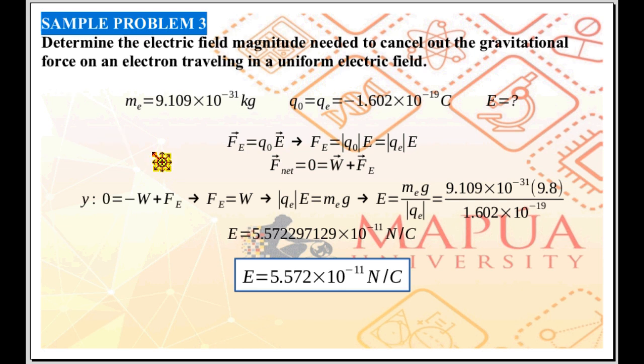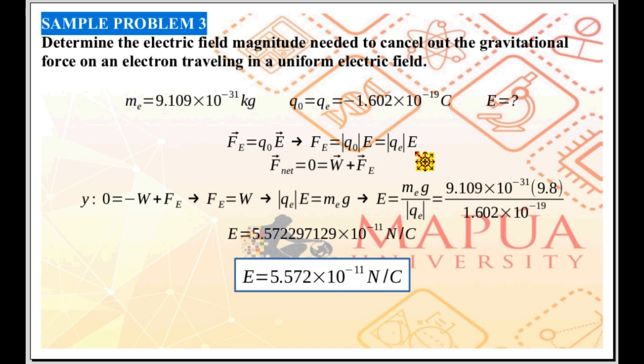The force applied by a uniform electric field is constant and it's equal to F is equal to |q naught| E. Magnitude of the electrostatic force or electric force, F is equal to |q naught| E, where q naught is in absolute value sign to get rid of any negative signs because we're talking about magnitude of the force and magnitude should always be positive. q naught is equal to q_e, so let's replace q naught with q_e. F is equal to |q_e| E.